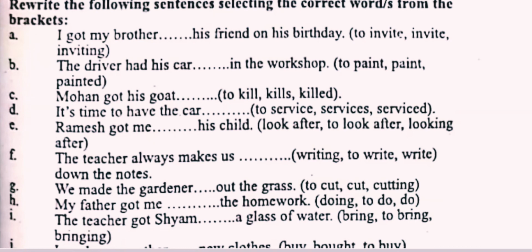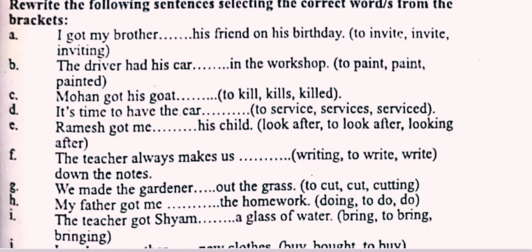His car is the object, it doesn't do anything. The car doesn't do anything itself. So his car is not the doer of the action. The driver had his car painted in the workshop, according to the first structure, rule number 1. The first question, number A, is related to structure number 3.